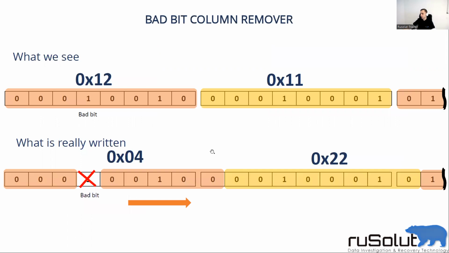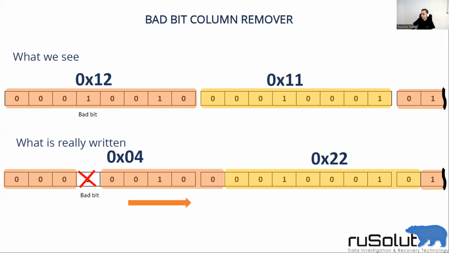Okay, and here is the theoretical part of our today's webinar, the main part, I think, because why can a bad bit affect the data, and how can we fix that problem? You can see that if we have a bad bit in our page, in our data, we are reading the hex value equal to 12.